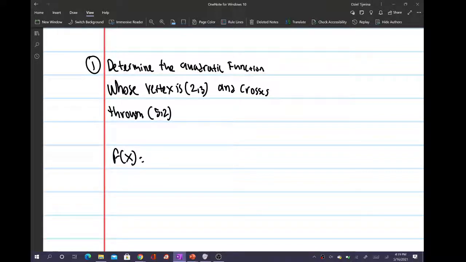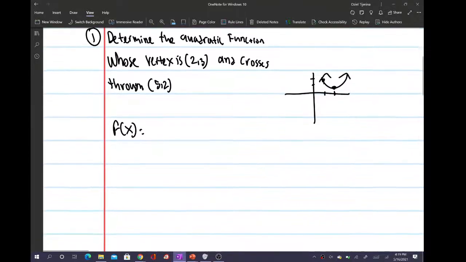What I'm trying to say is that it's going to be a parabola going upward. At first I didn't know if that was what it was going to be, but yes, it's going to be a parabola going upward because you have the vertex at 2, 3, and it goes through the point 5, 2. So basically, this is the other point, if you think about it.